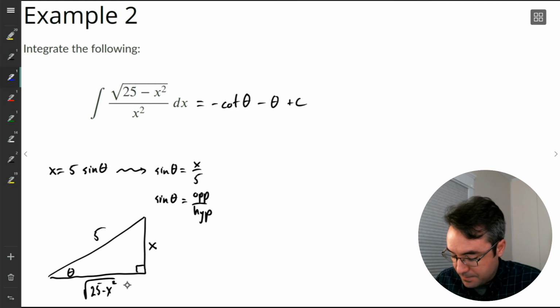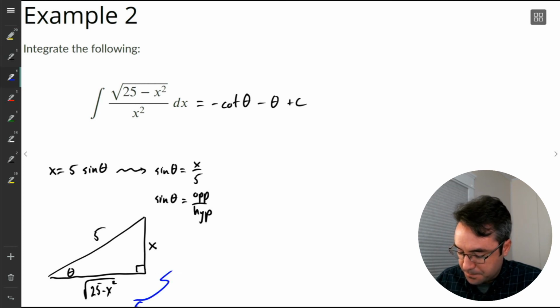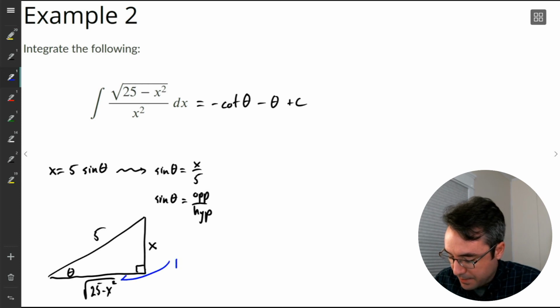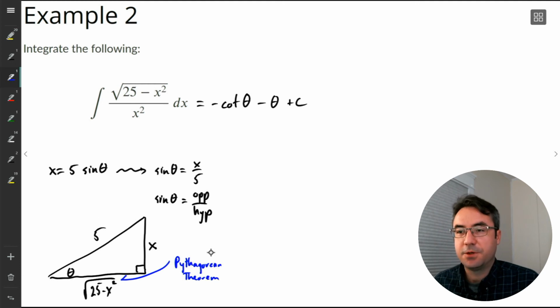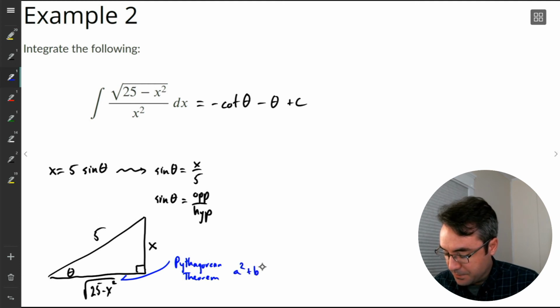And if you want, you can check that by the Pythagorean theorem. So what is the Pythagorean theorem? Remember, a squared plus b squared is equal to c squared.